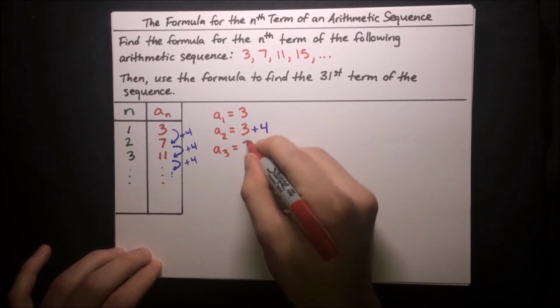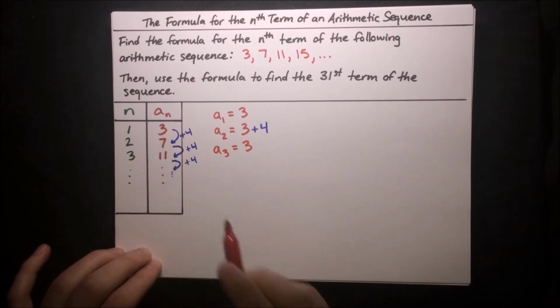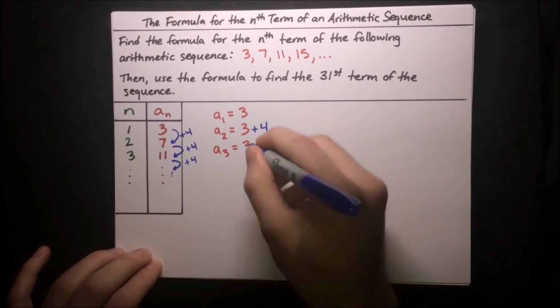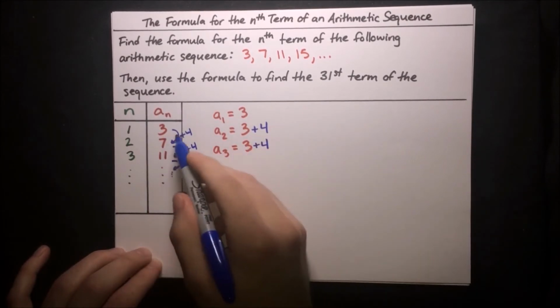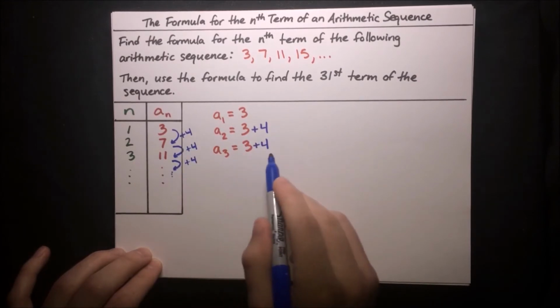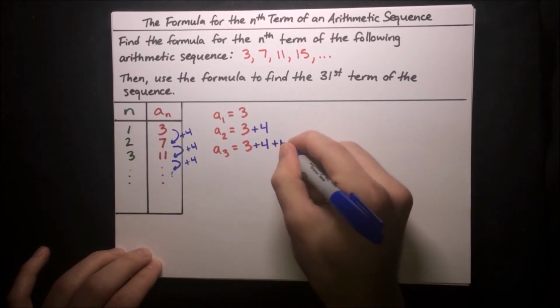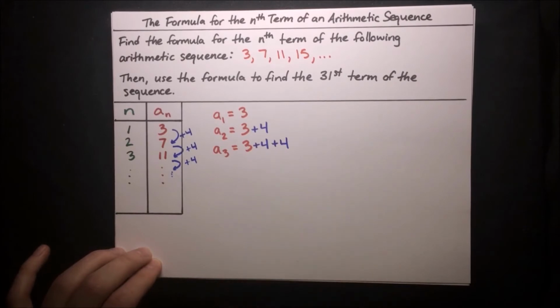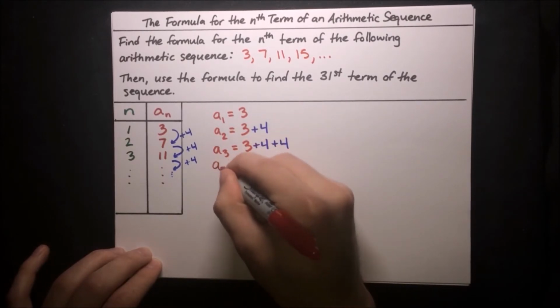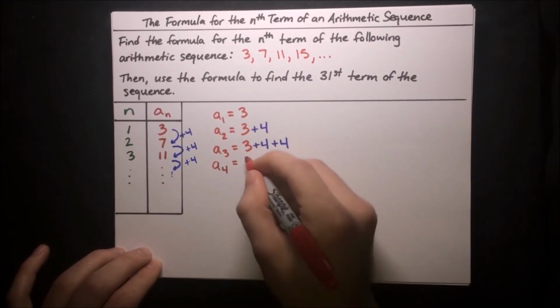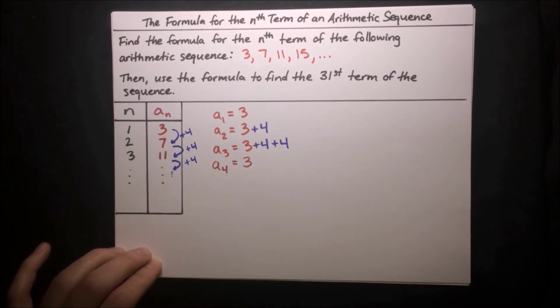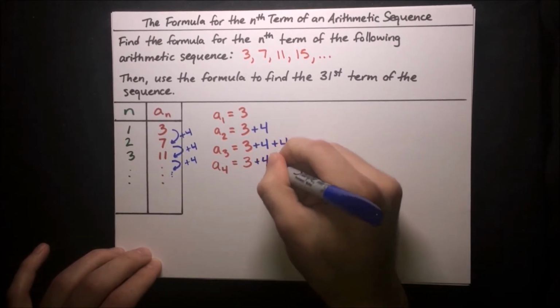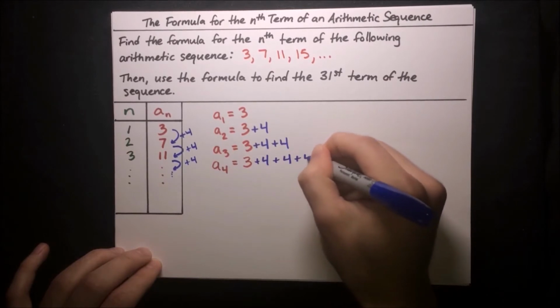We start with our first case, 3, and then we add 4. That brings us to a2. So this here is a2, and then we have to add another 4 to get to a3. And let's just write down one more row. So a4 would then be 3. Can you see the pattern here? Then we just have plus 4, plus 4, plus 4.